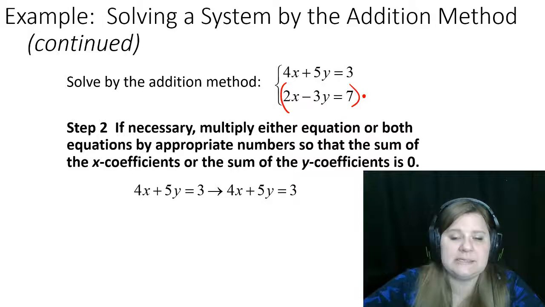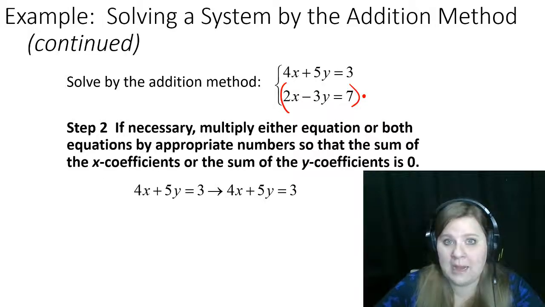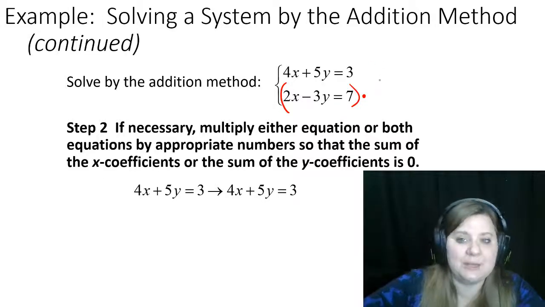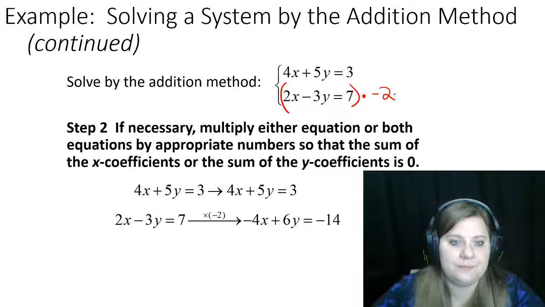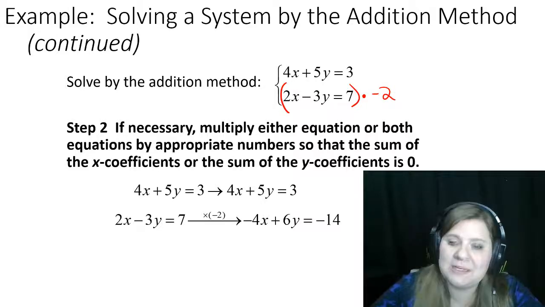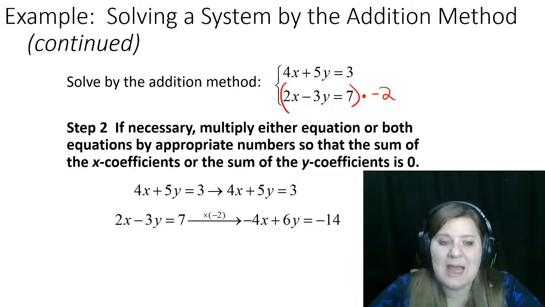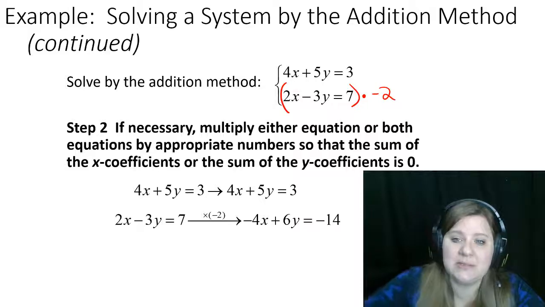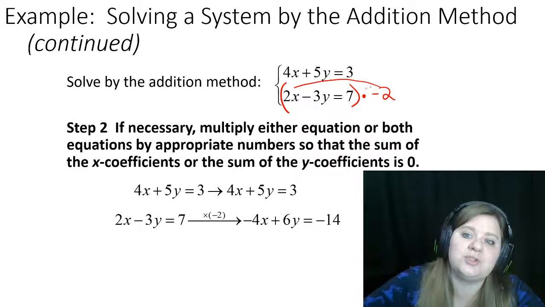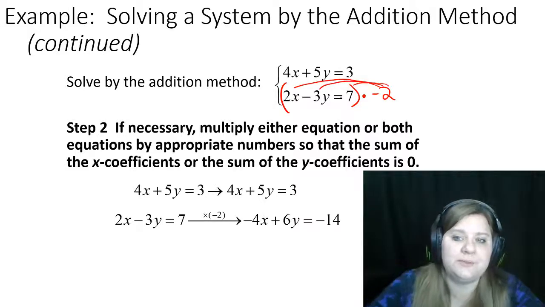So I need to multiply through by negative 2. When I take 2x minus 3y equals 7 and multiply it by negative 2, I get negative 4x plus 6y equals negative 14. Notice that's because I'm distributing the negative 2.